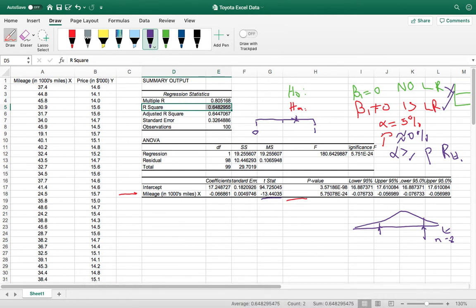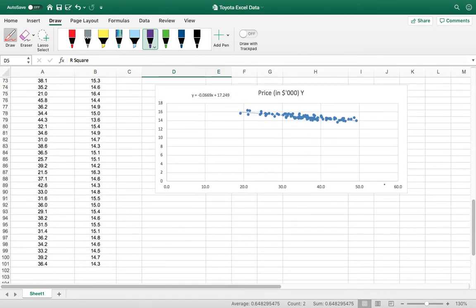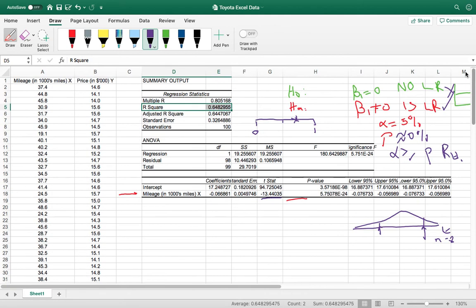So there's 3 tests we've done now to establish whether we've got a nice linear relationship between these two variables. The first one was the graph that we saw that gave indication that we have a linear relationship. Even though it's negative, it's still fairly strong evidence of a linear relationship. We then did this test over here on the slope to show that there's a linear relationship. And then we see r squared.